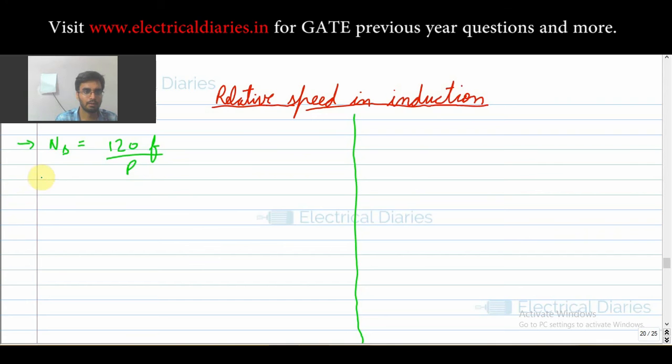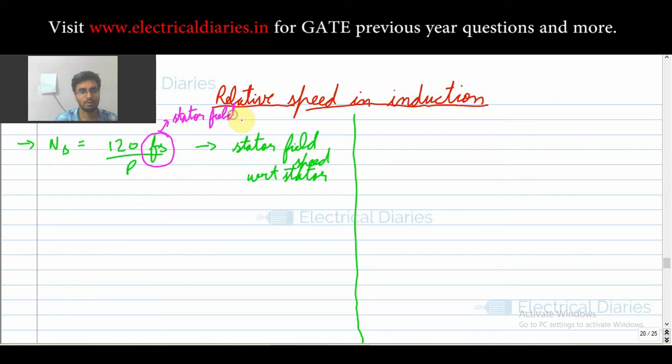Let us say Ns is the stator field speed with respect to stator, that is very important, and f is fs, that is your stator field frequency, or you can say the stator EMF frequency. That is the whole idea.